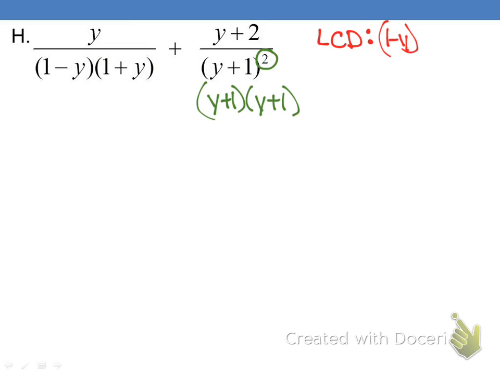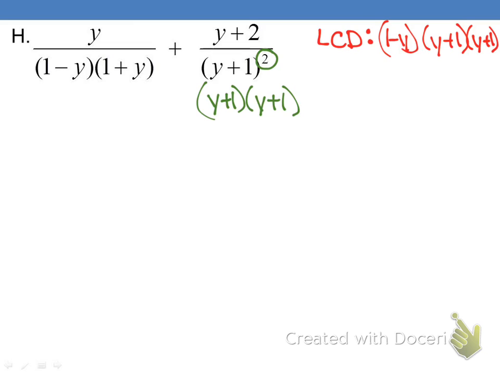I'm actually going to write these as y plus 1, y plus 1. If this was on my personal worksheet, I'd probably factor out a negative 1 here and write it as y minus 1, just because the 1 minus y feels weird. But we can leave it like this.